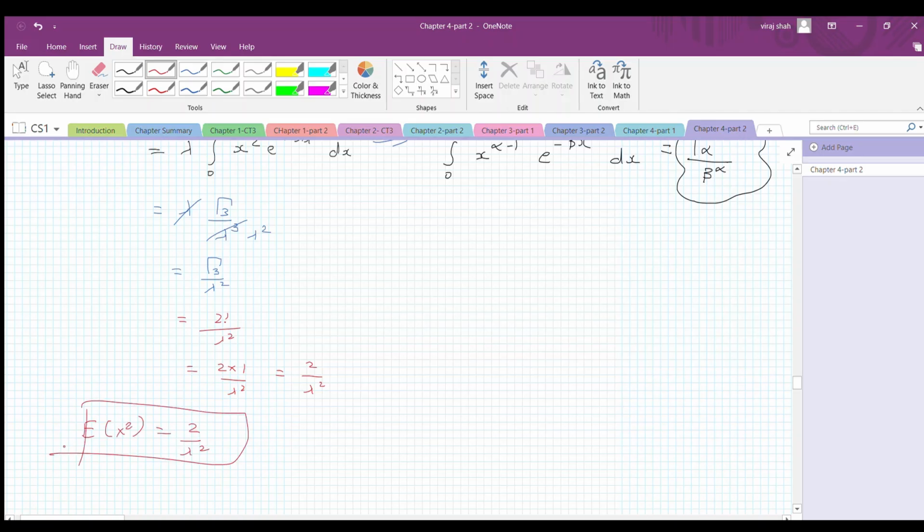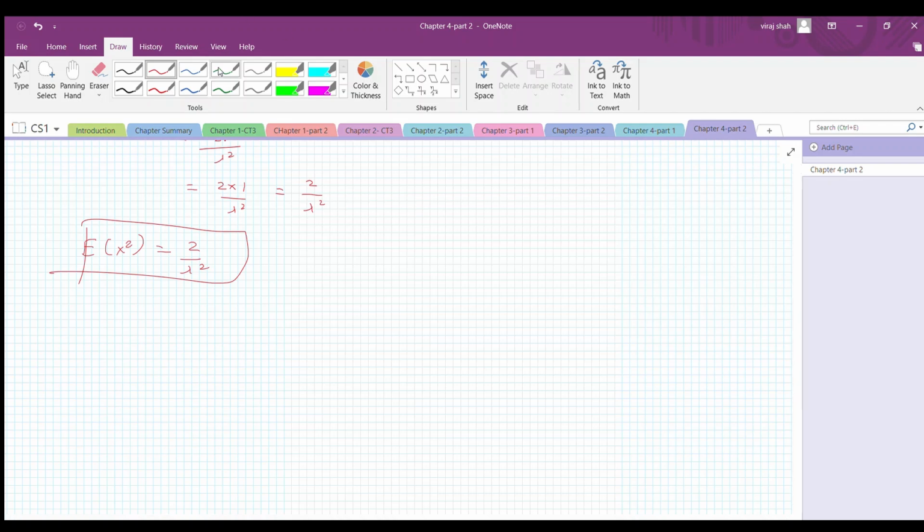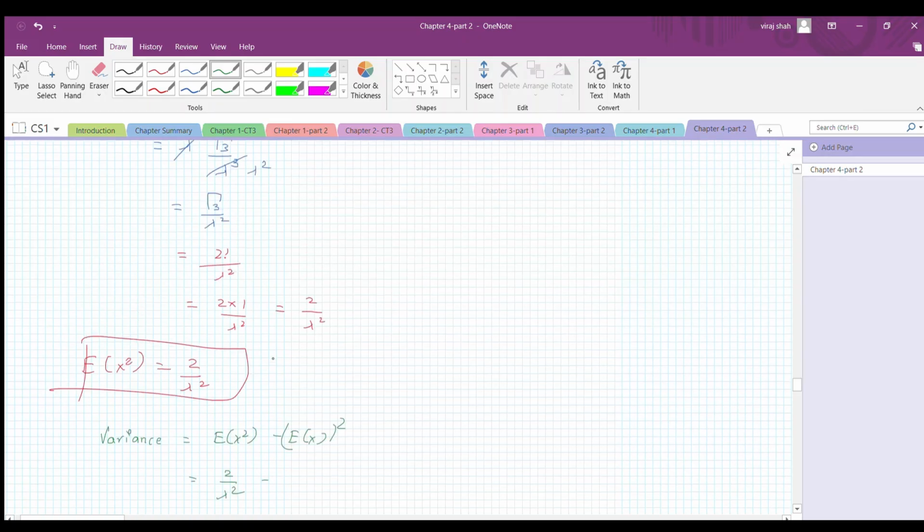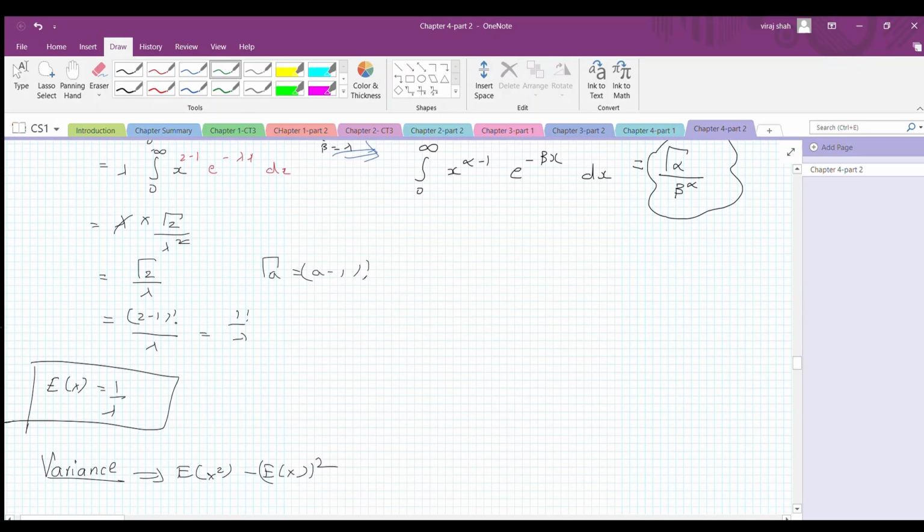Now using the formula of variance, what was the formula of variance? Variance was nothing but expectation of x square minus expectation of x the whole square, right? I know the value of expectation of x square, which is nothing but 2 by lambda square. What is expectation of x? It is nothing but 1 by lambda.